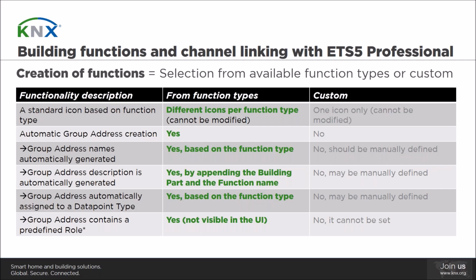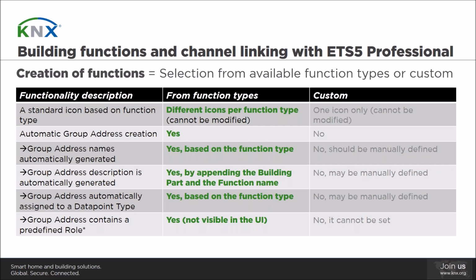A function from the standard functions has, first of all, a different icon based on its type, which cannot be modified, while a custom function has always the same icon. Example given, a switchable light has a light bulb as an icon, while the custom function has only one fixed icon that cannot be modified.